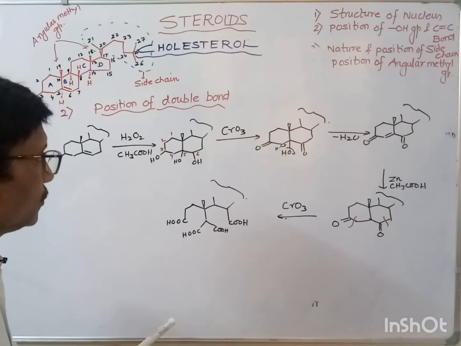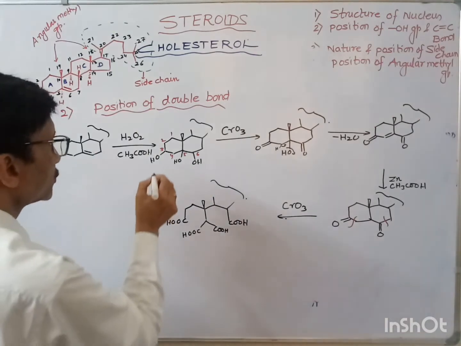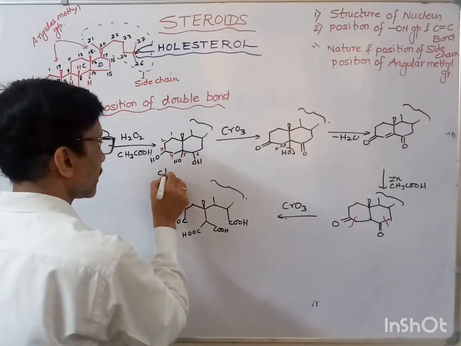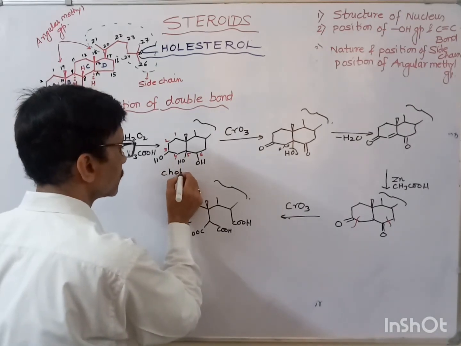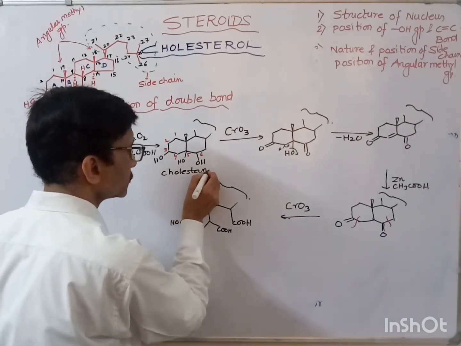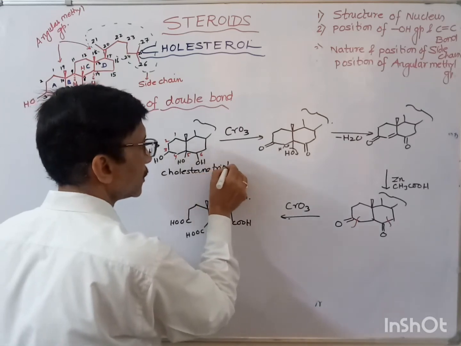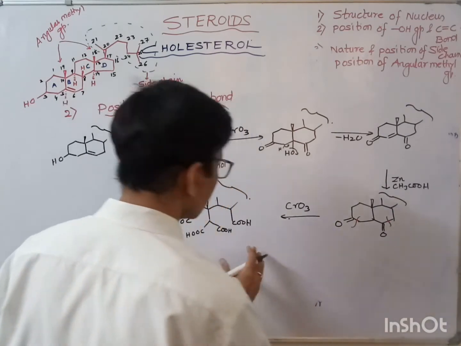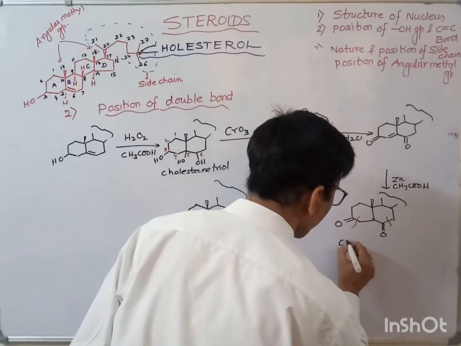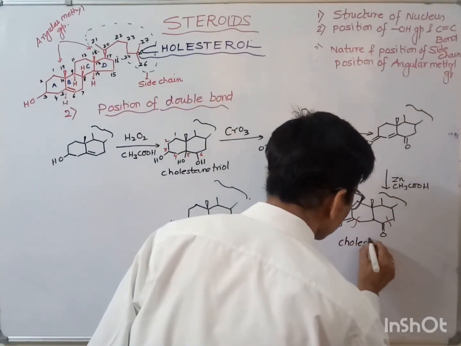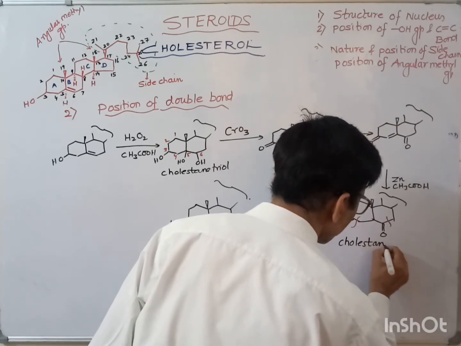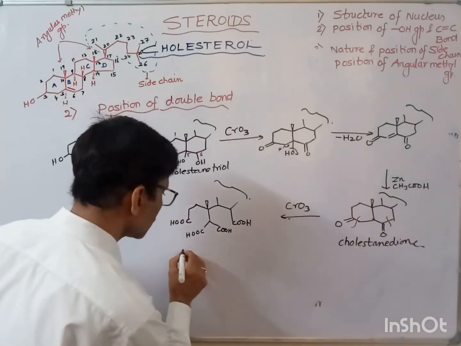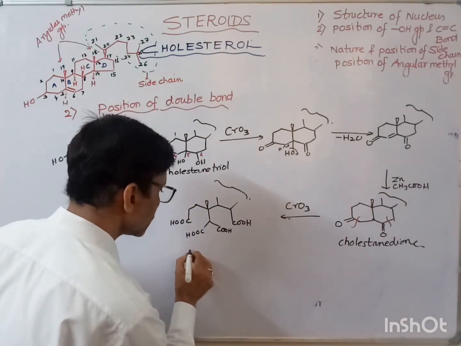So this was called the polystyrene triol, and this is the tetracarboxylic acid.